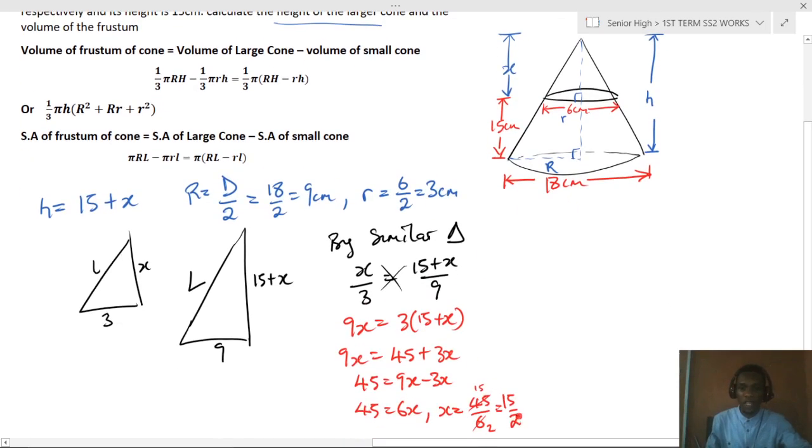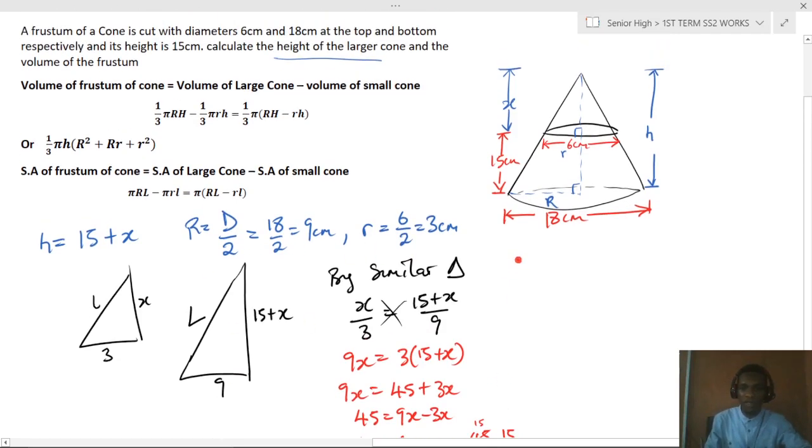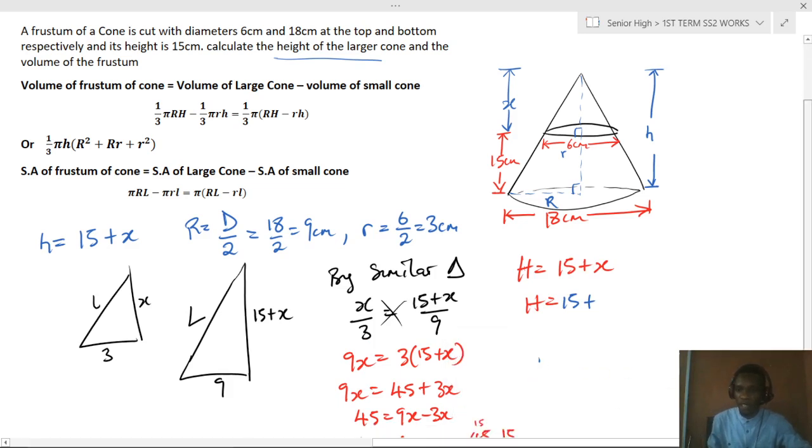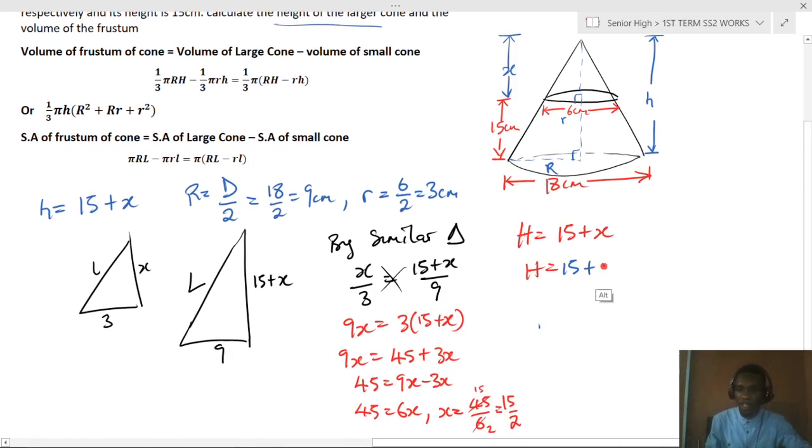So at this point, we know that x is 15 over 2, and then we get our big height. What's our big height? H is equal to 15 plus x. So our big height h will be equal to 15 plus 15 over 2. Now the denominator of 15 is 1, so we solve using the LCM method.